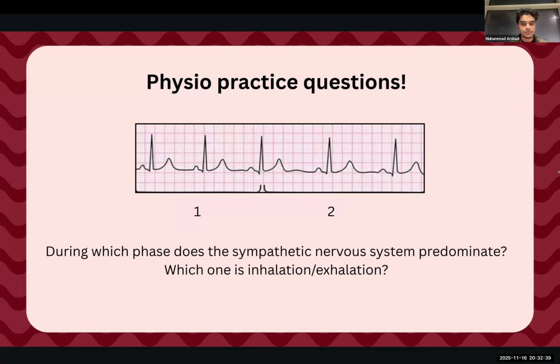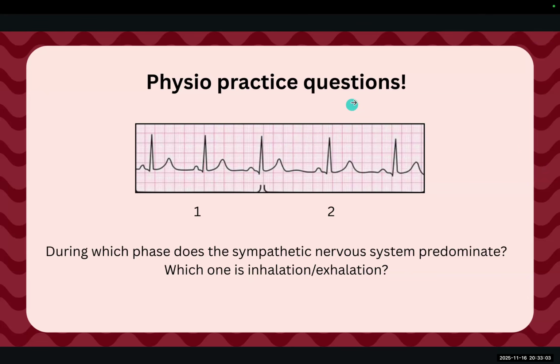Okay, let's try this question now. During which phase does the sympathetic nervous system predominate, which one is inhalation and which one is exhalation, and how can you tell? Does anybody want to unmute and try this question? Yeah, I can do that. Go ahead. The sympathetic nervous system takes over in phase 1. Okay, perfect.